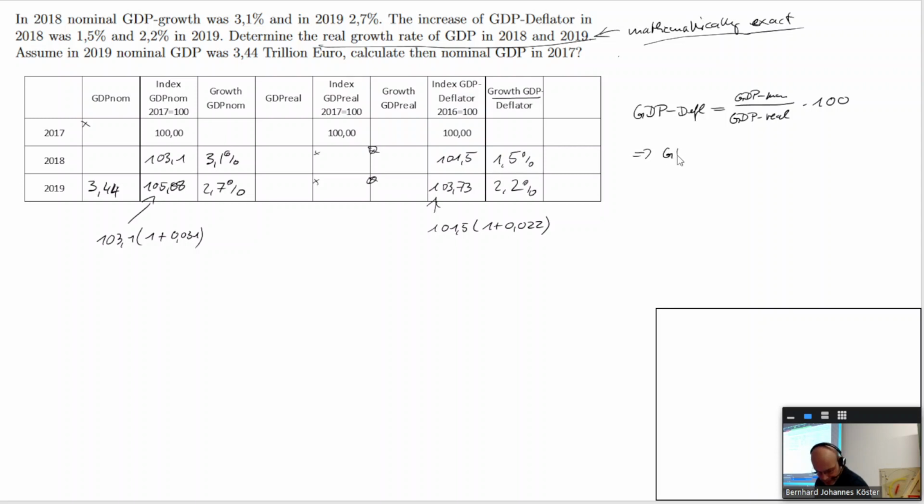So real GDP is just nominal GDP over the GDP deflator times 100. Okay? And for this we just need to calculate these two indices.